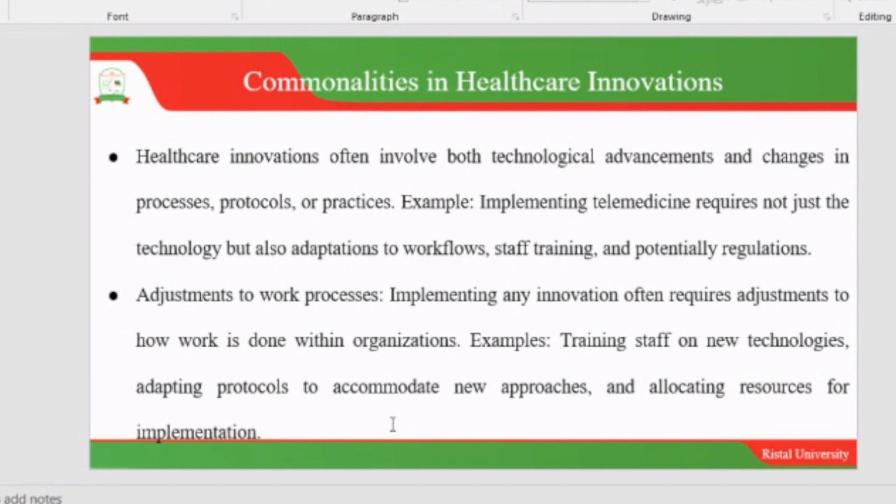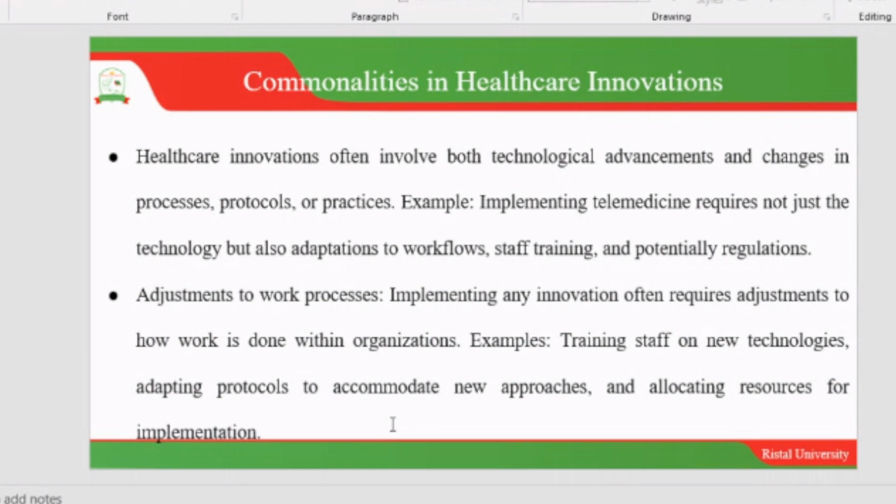Then you also need to regulate which drugs can maybe be given online, because there are some drugs which have to be only given when the patient is physically with a doctor. So there are always those regulations that are going to come into play when you're dealing with these healthcare innovations.